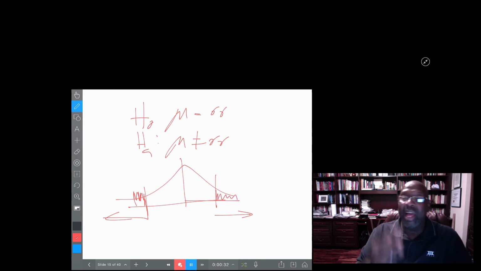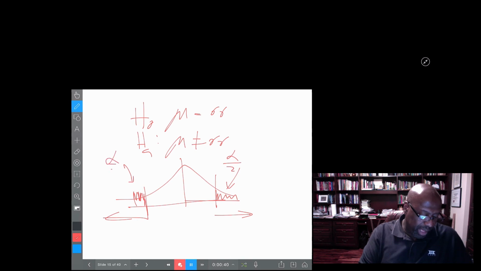So in this case, I have a two-tailed test, which means that I must set up my rejection region. My total rejection region must still be alpha, which means I must split it between the two. So if alpha was 0.01, then this is 0.005. This is 0.005.